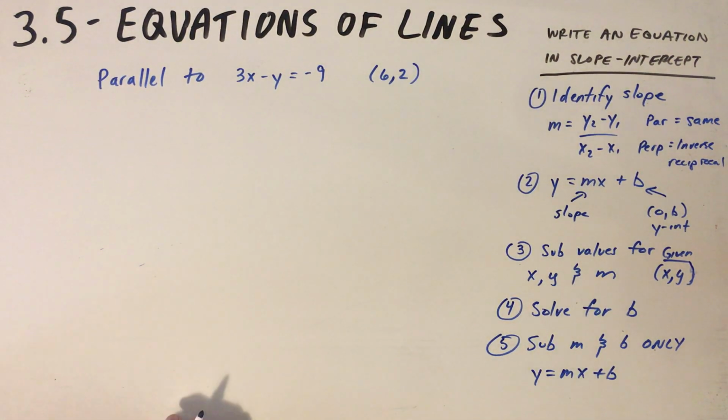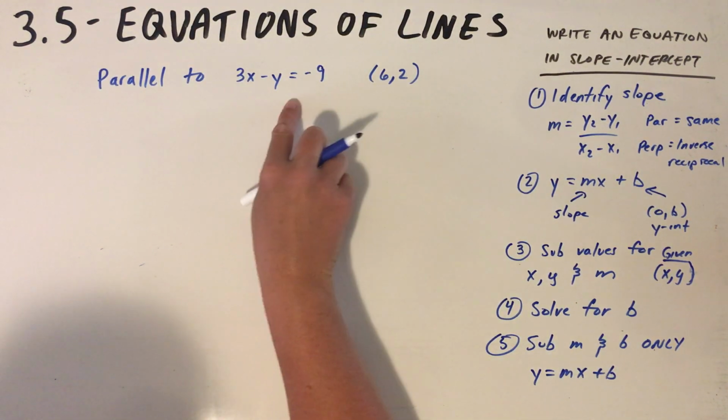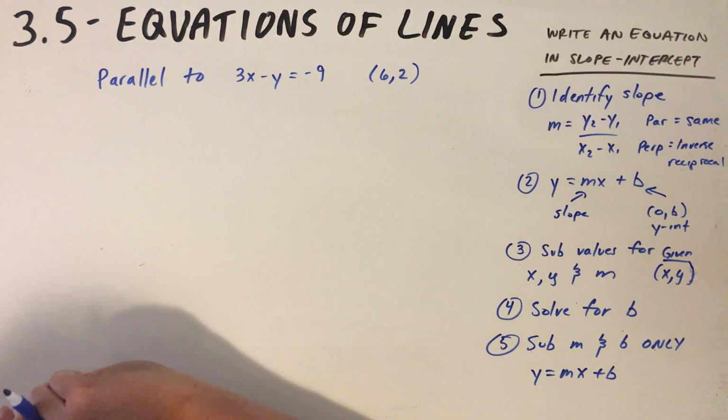Okay, I want to write an equation of a line that's parallel to this line right here that's given. So it's not this line, it's parallel to it, and it passes through this point.